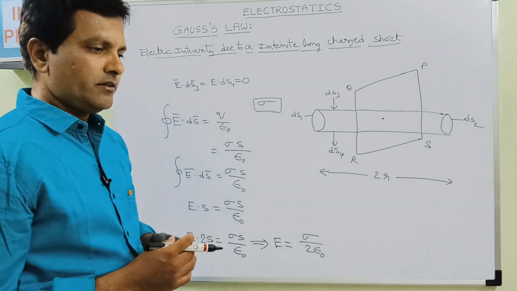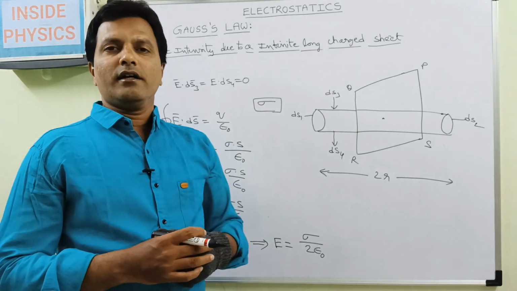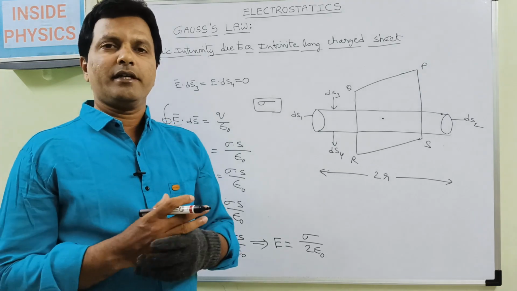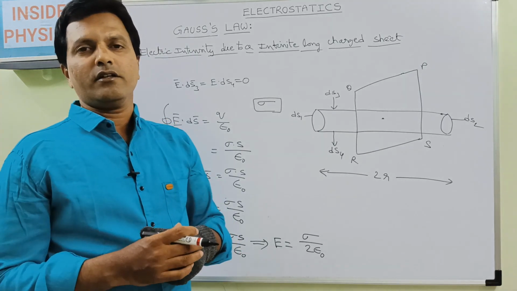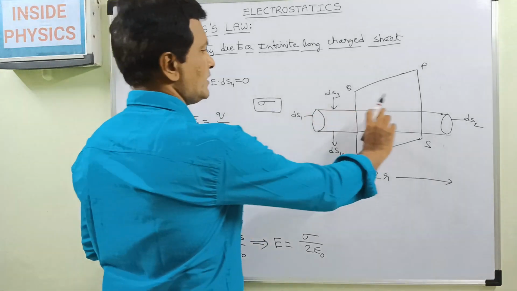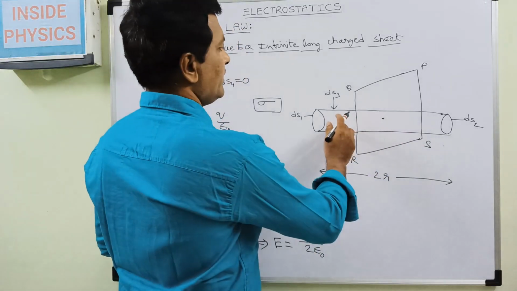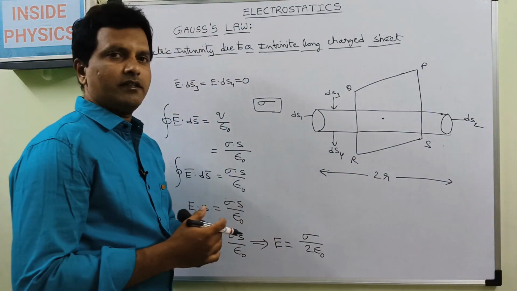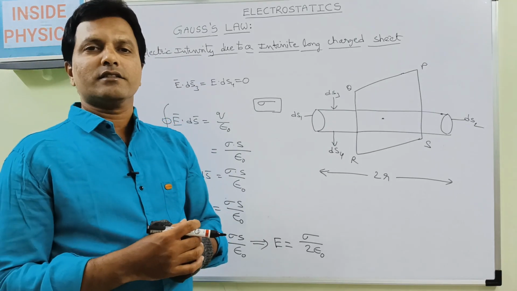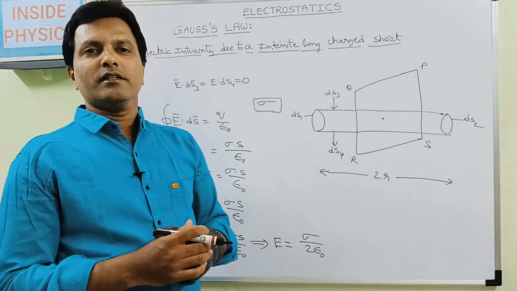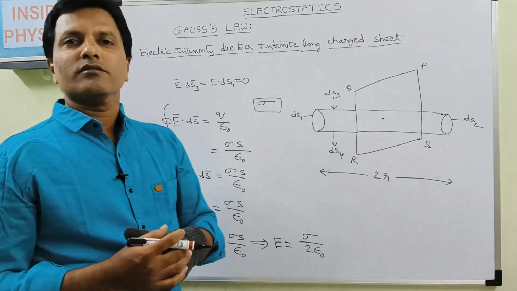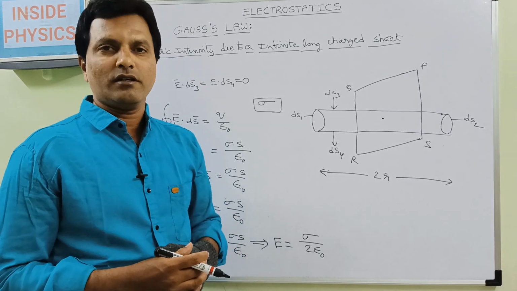To apply Gauss law, the surface should be a closed one, and it can be of any shape, regular or irregular, and the charge inside the Gaussian surface can be anywhere inside the surface. So in this way Gauss law has many applications in electrostatics. In the next class we will see some more applications of Gauss law.